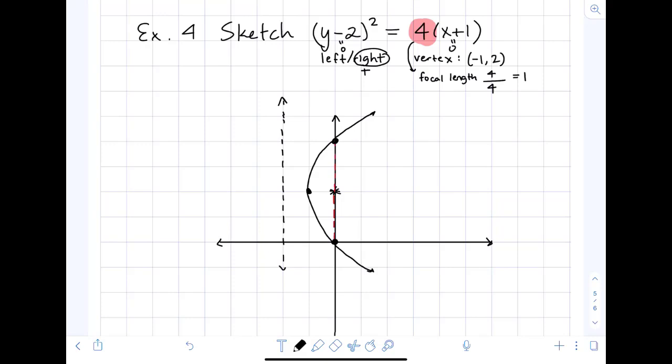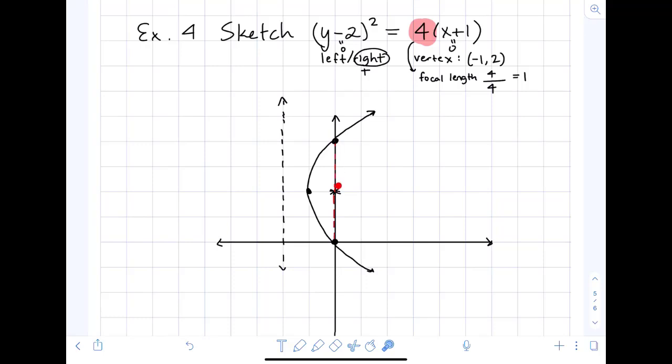Okay. So you'll notice the cool thing about a parabola: we did not do a formal construction and get it drawn, but we can kind of see the construction on it a little bit. You notice that the length from here to here is the same as the length from here to here.